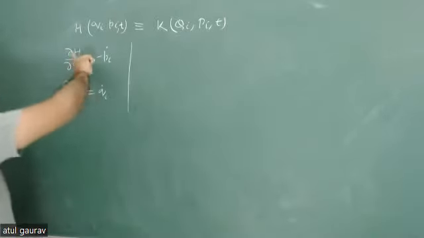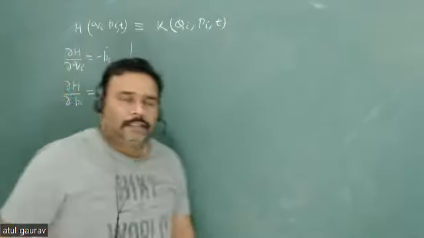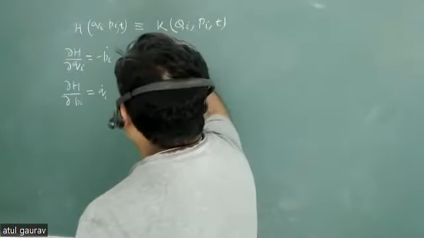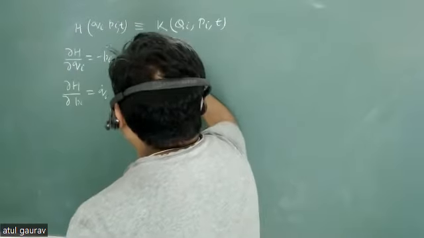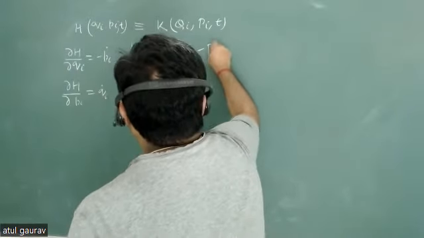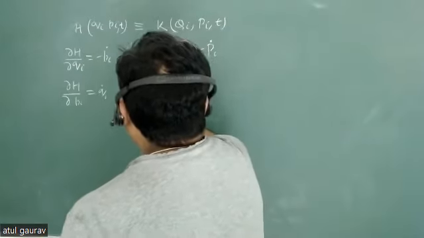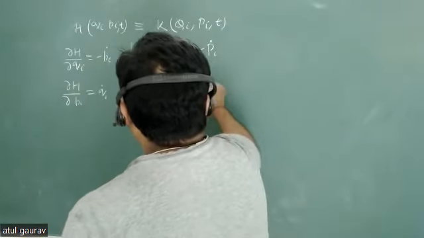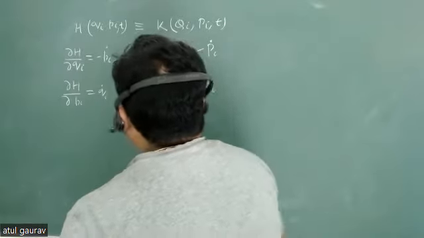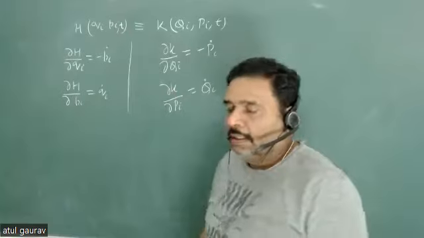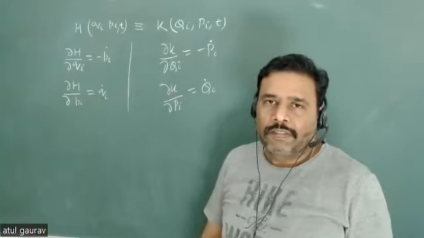And here, if we are going to transform it, then this K, del K upon del Qi is equal to minus Pi dot, and del K upon del Pi is equal to Qi dot. This should preserve. ये होना ही होना चाहिए.